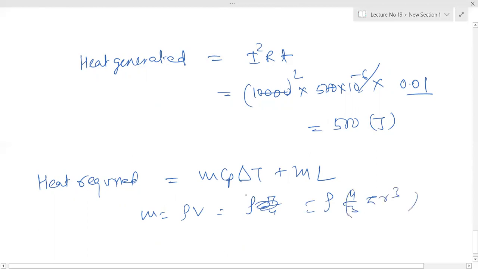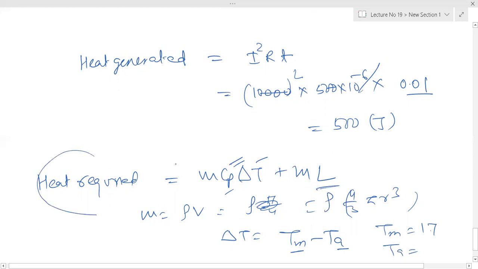And then this is the mass. C_p is given to you. Delta T, that is your T_m minus T_a. T_m is given, T_a is given. T_m is 17 something, and T_a is also given. L is given. You can calculate heat required, and this is heat generated.